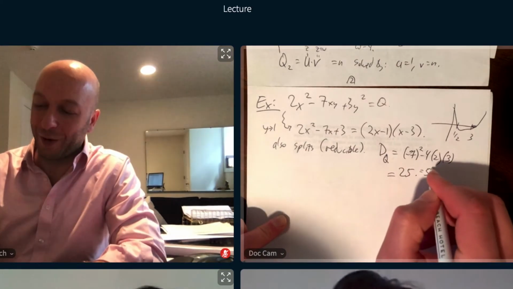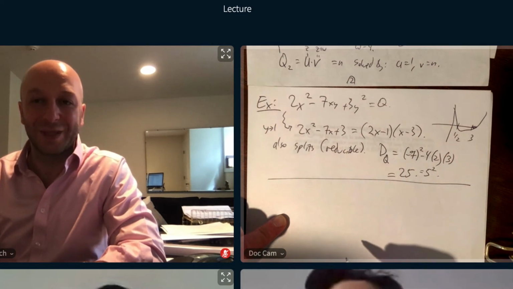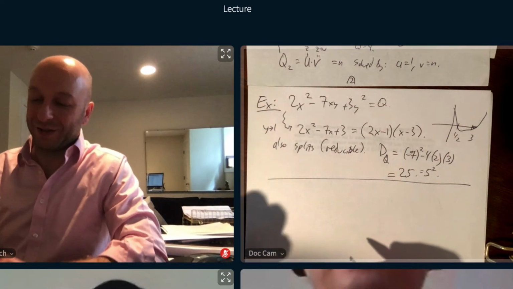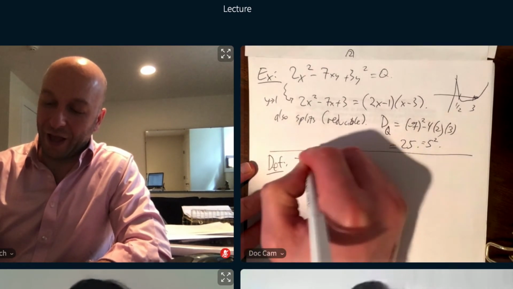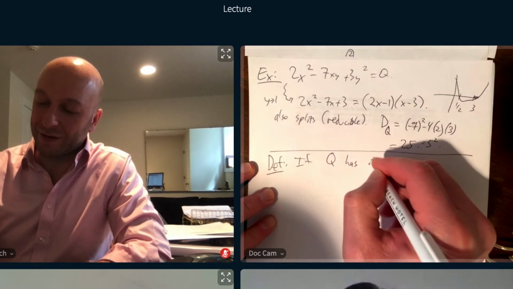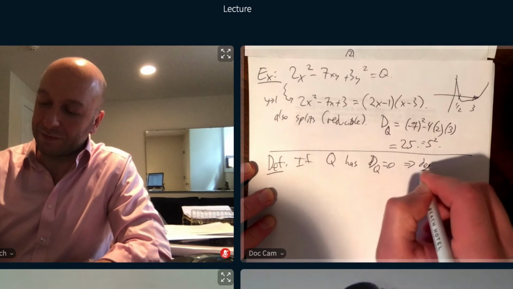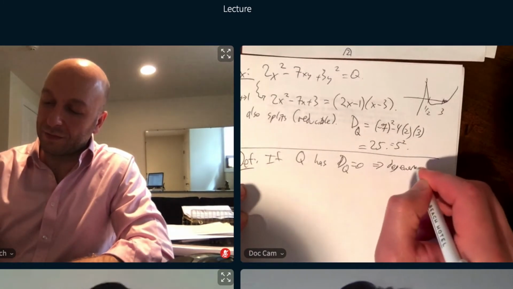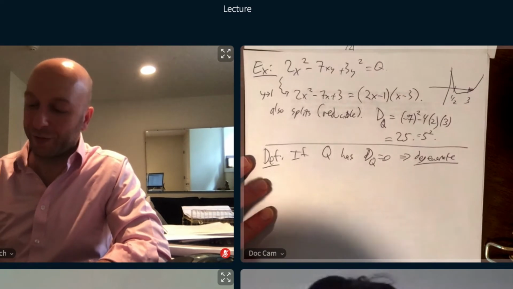Which is a perfect square. So that's what's wrong with 0 and 1. 0 is really wrong. So discriminant 0. Here are some definitions. If Q has discriminant equal to 0, then it's degenerate. It's really the square of a polynomial.